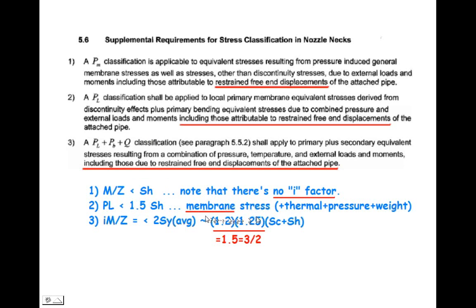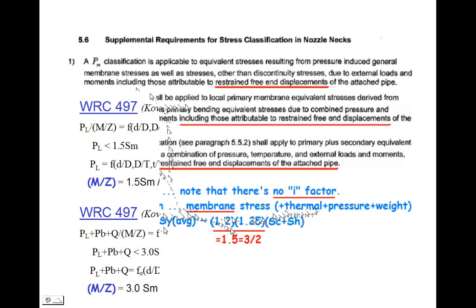So what we want to do is see what effect this has. The third requirement always had thermal in it, so there's no question about including thermal in this bending moment. The question again is including thermal in the local membrane stress calculation, comparing to the yield allowable.